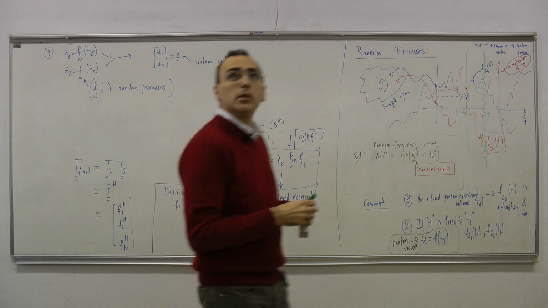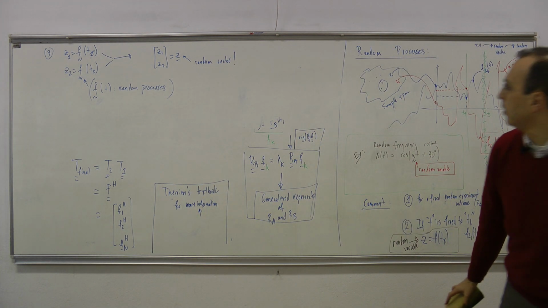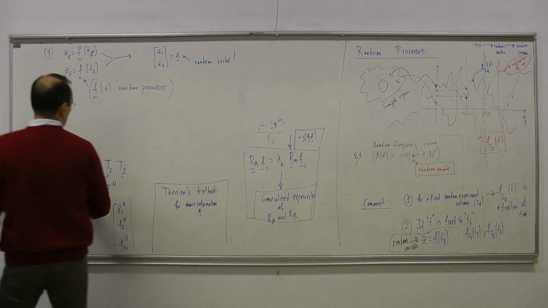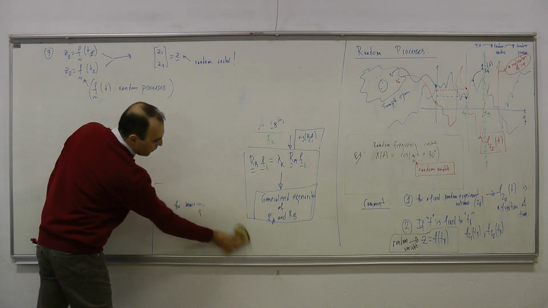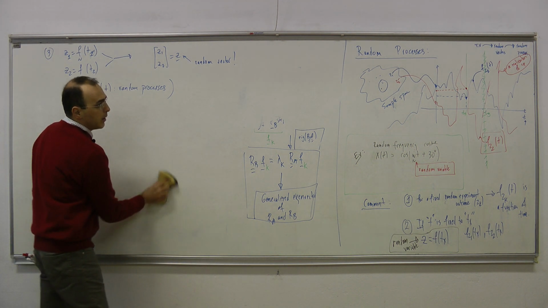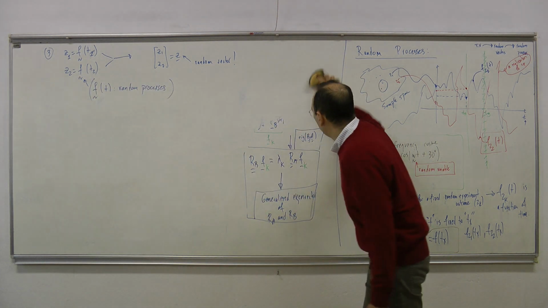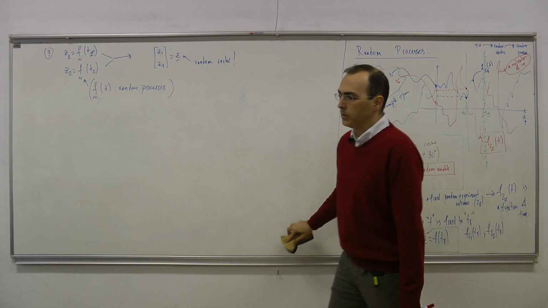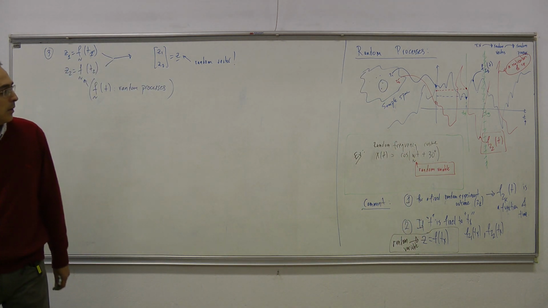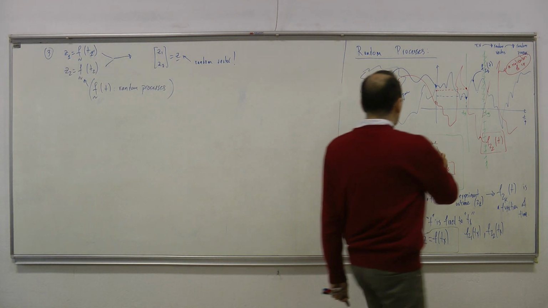So random processes are a very critical tool for our purposes, because in real life, when you are doing experiments, you collect data, and you cannot explain that data with deterministic methods, like in this random frequency cosine.